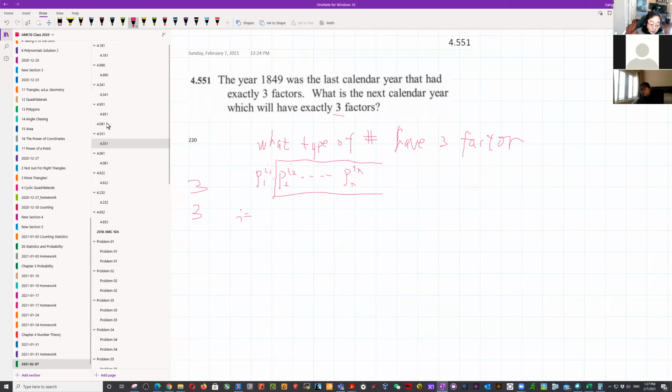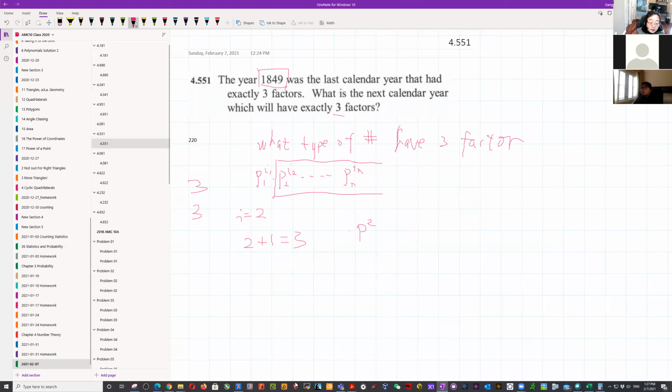I need to be equal to 2, because 2 plus 1 equals 3. So the format of this number is going to be P, a prime number, squared. So we are looking for a complete square, and let's see whether or not this satisfies this definition.